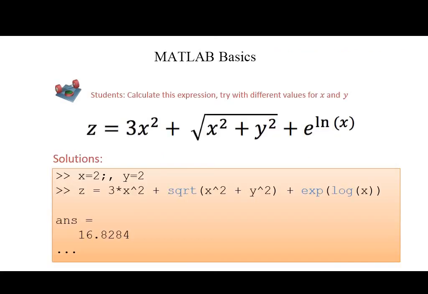Suppose you want the answer of z = 3x^2 + sqrt(x^2 + y^2) + e^(ln x). With x = 2 and y = 2, you have to write in this particular manner: z = 3 * x^2 + sqrt(x^2 + y^2) + exp(log(x)).